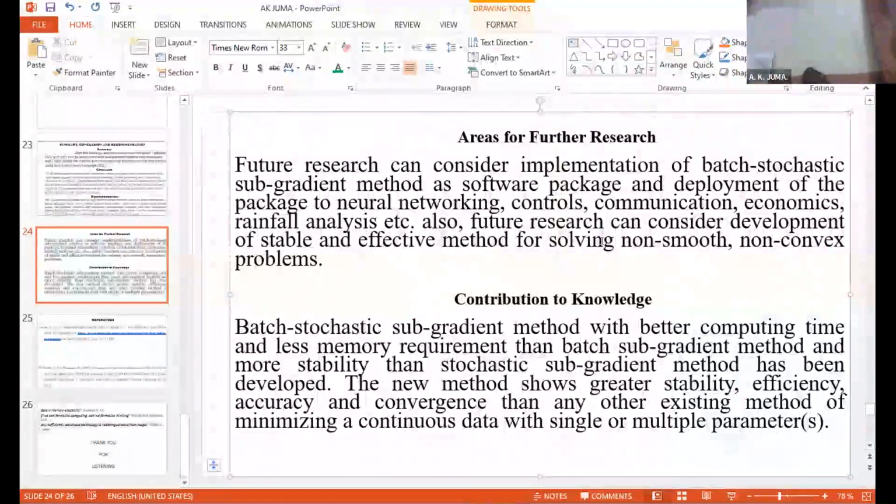The new method shows greater stability, accuracy, and convergence than any other existing method for minimizing continuous data with single or multiple parameters. Recall, with a single parameter, we are trying to find a best fit line, but when dealing with multiple parameters, we are trying to find the best fit plane.